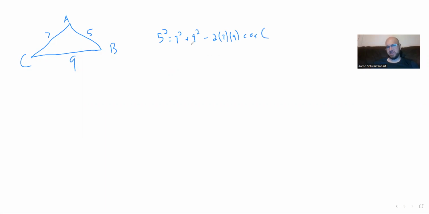Okay, order of operations becomes very important here. I'm going to square these out. And I'll multiply these three numbers. 63 times 2 is 126.